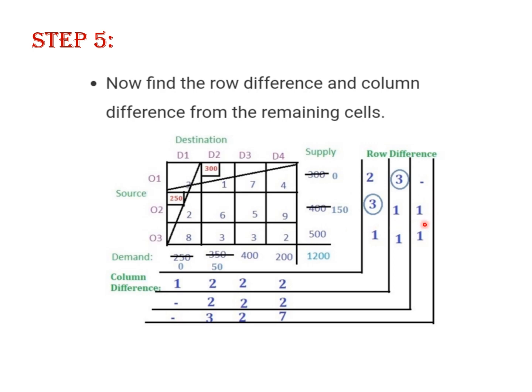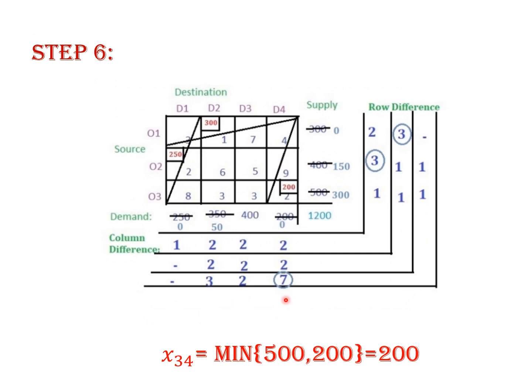So the second row difference is 1, third row difference is 1. We find the largest of these differences is 7, which corresponds to the fourth column.